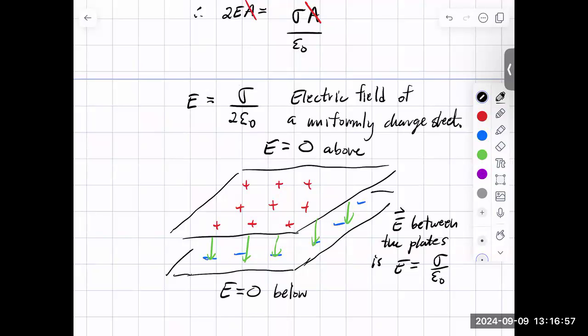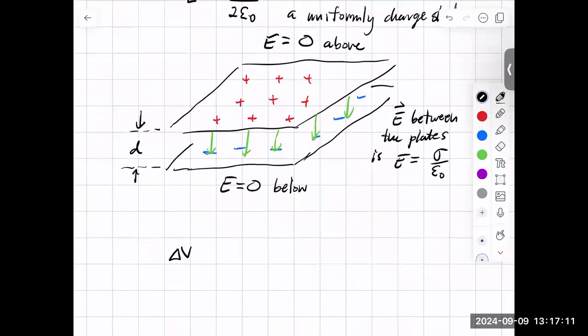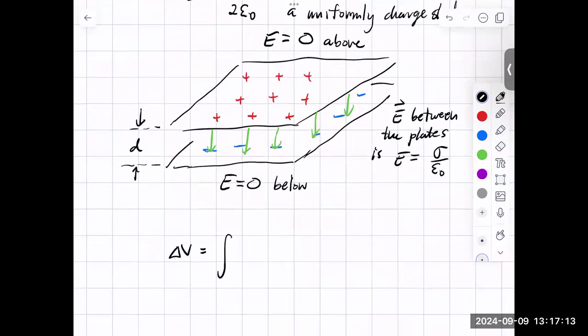Okay. So anyways, we have the electric field between the two plates. Remember, they're separated by a distance d. If I want to calculate the voltage difference between these plates, it's going to be this integral of E dot dl.